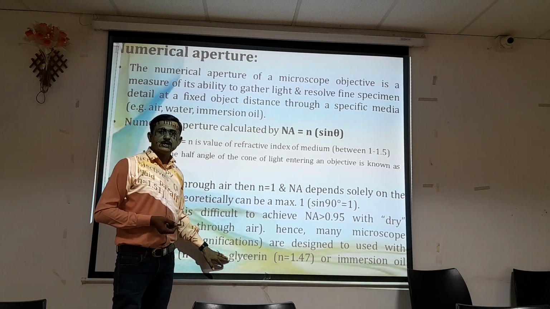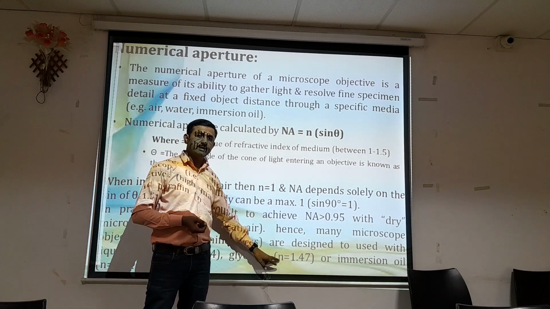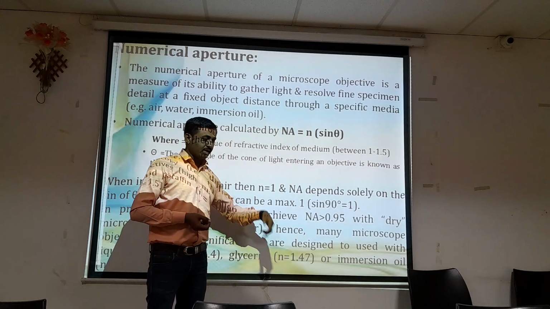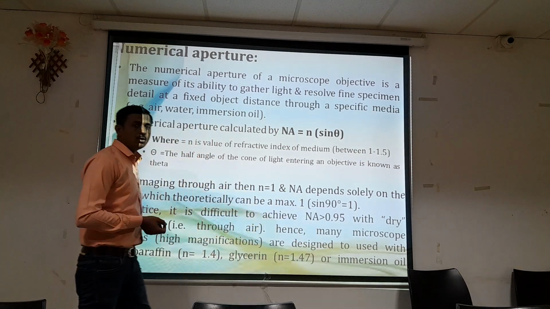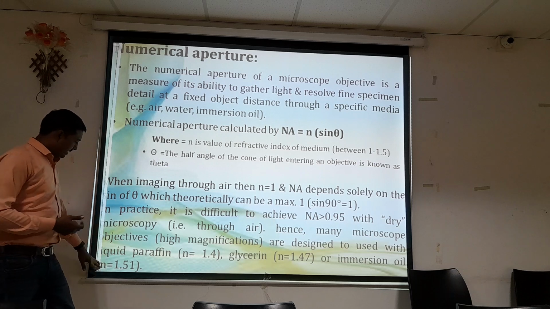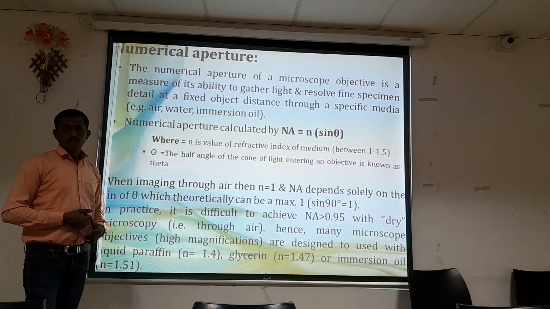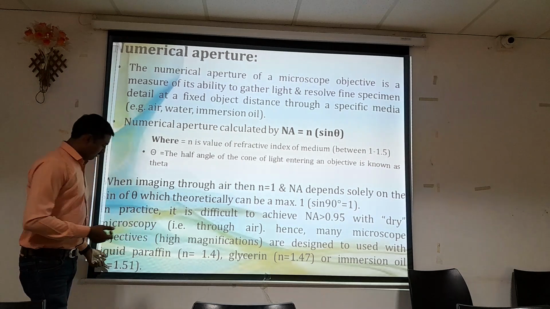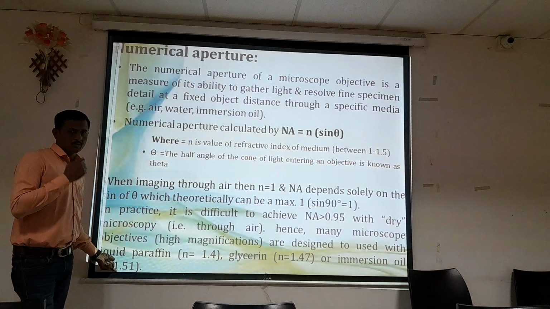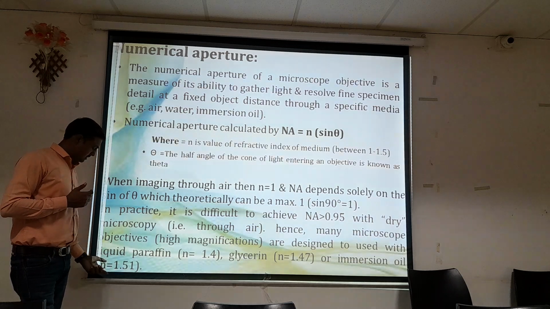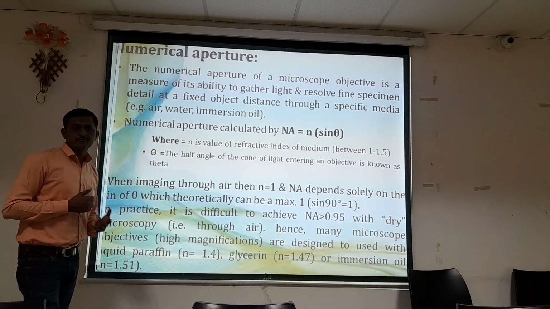Another we can use is glycerin, which has a refractive index value of 1.47, and another is immersion oil, or we can say cedarwood oil, which has a refractive index value of 1.51. So normally the highest refractive index value you can observe is that of cedarwood oil, or oil immersion, that is 1.51.